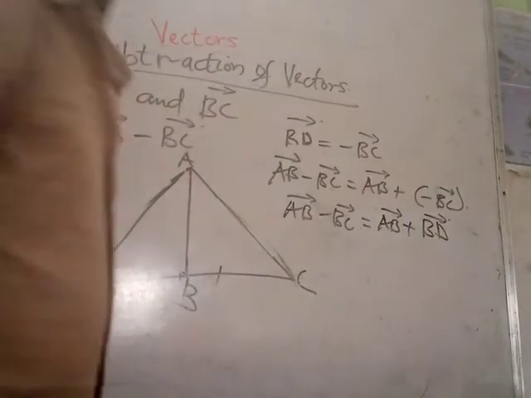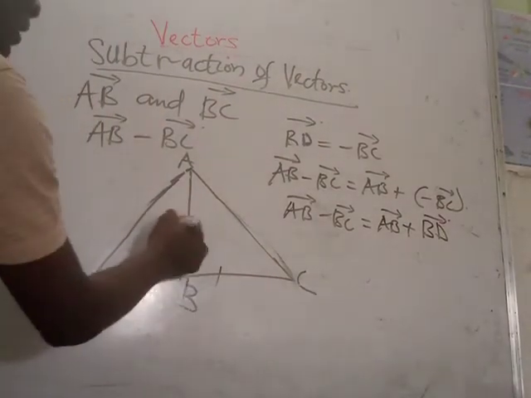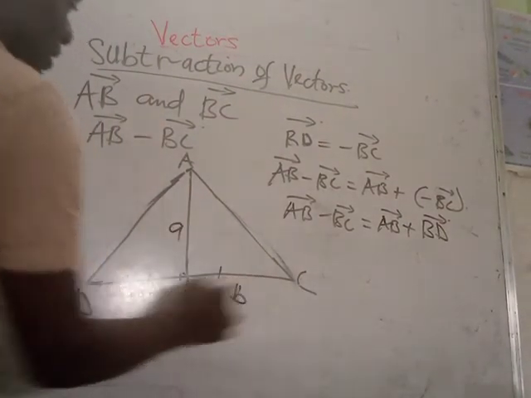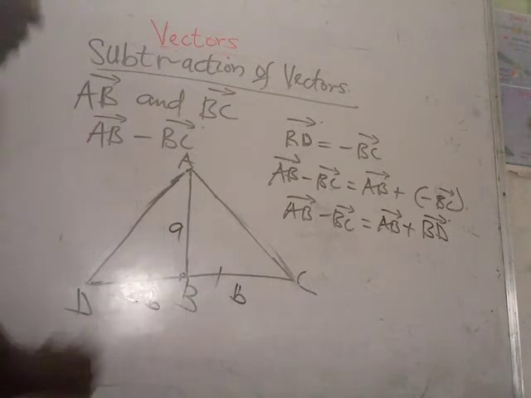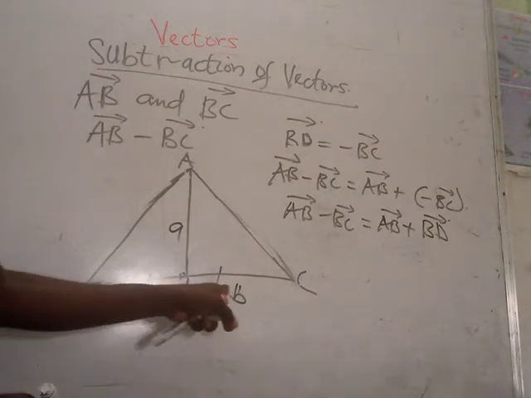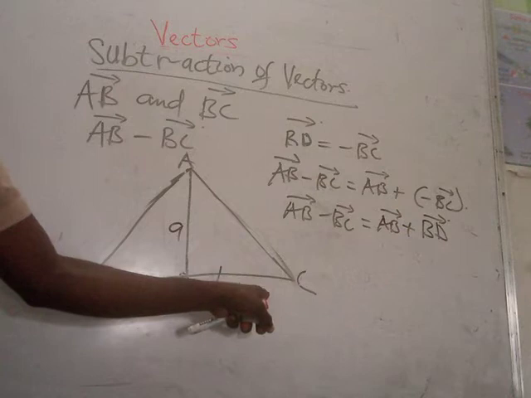BD. So I can represent this vector, let's say A, this is B, and this is going to be minus B, because it is the negative vector of this.